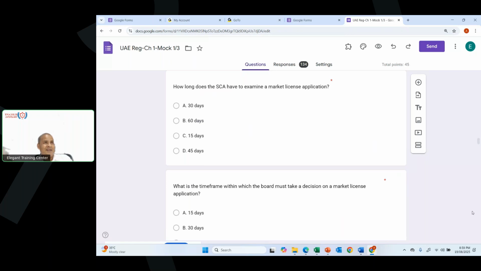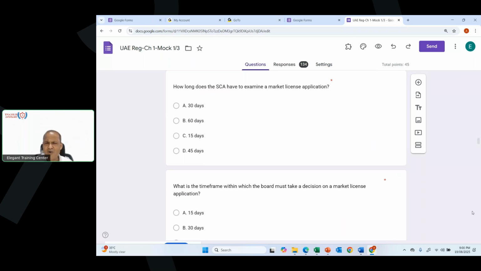Once the market applies, let's say today is the 15th of August, by the 30th the SCA has to look at the application. Then once the application is complete, the board will take 30 days to decide. And once the decision is taken, within 1 week, notice is given, notifying the market. So 15 days, 30 days, 1 week.